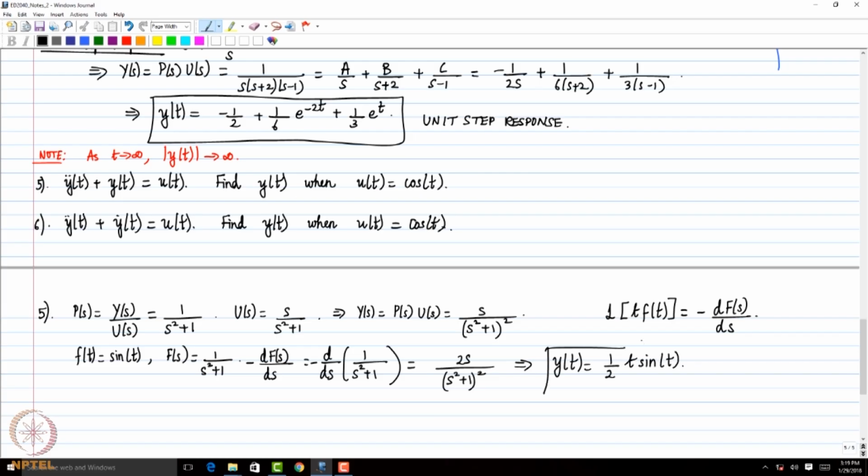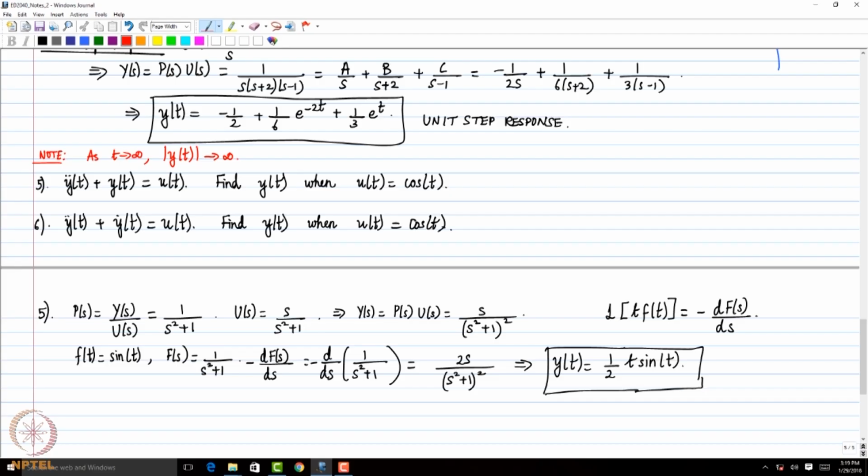Why? Because the Laplace of t sin t is 2s by s squared plus 1 whole squared, from this property of Laplace transform. So the Laplace inverse of s divided by s squared plus 1 whole squared is going to be 1 by 2 of t sin t.